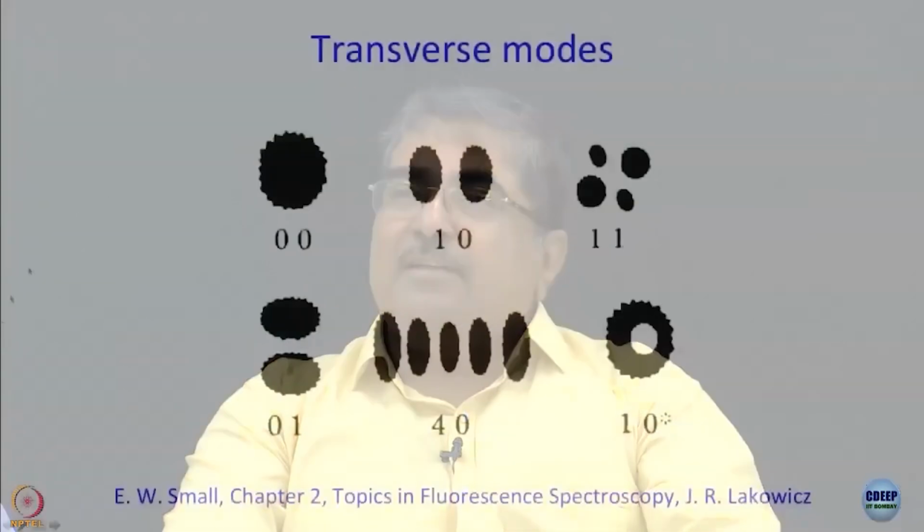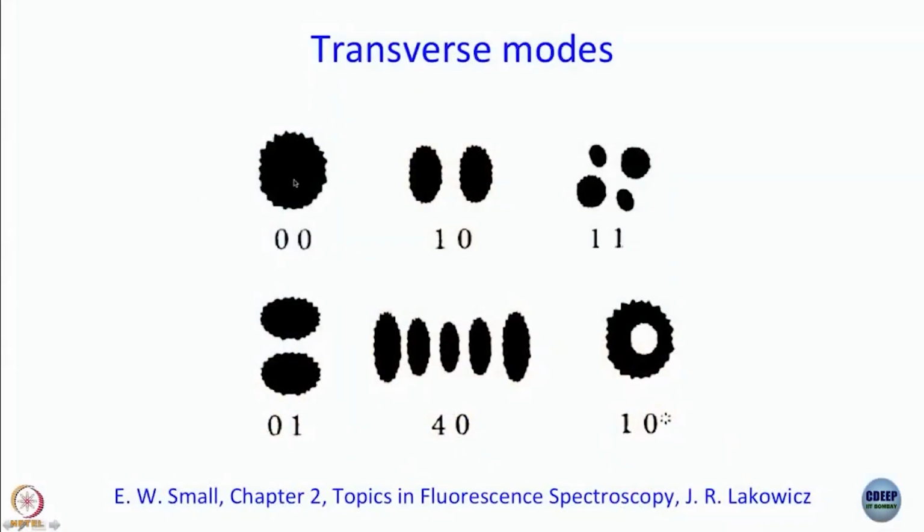If the spot looks like roughly a circle, without any dark spot anywhere, a circular patch of light, then this mode is called TEM00 mode. TEM means transverse electromagnetic mode. T for transverse, E for electromagnetic, M for mode. TEM00. 00 means there is no node in any direction.